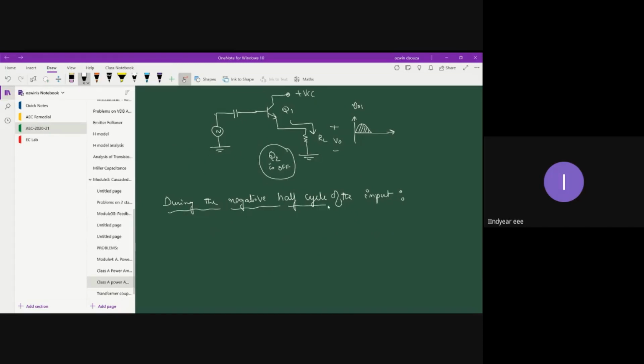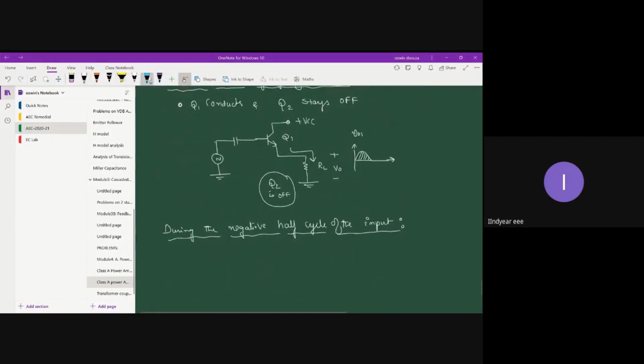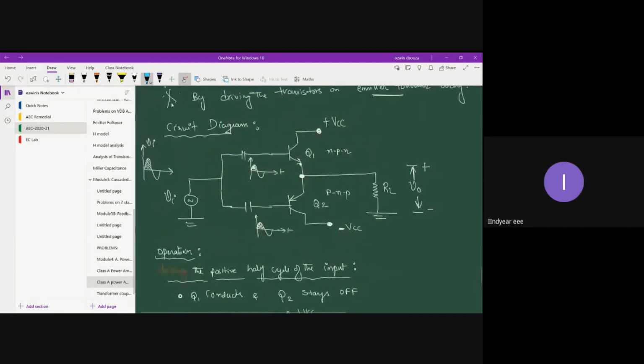So for negative half cycle, what I will do, let me use blue color. Okay. So my input is negative going. That means to say I'm considering negative half cycle of the input. So when you couple a negative half cycle of the input to each of the base terminals, each of the bases will be receiving a negative half cycle here.